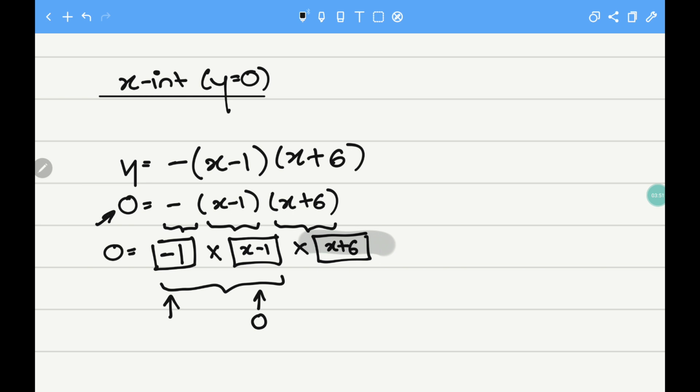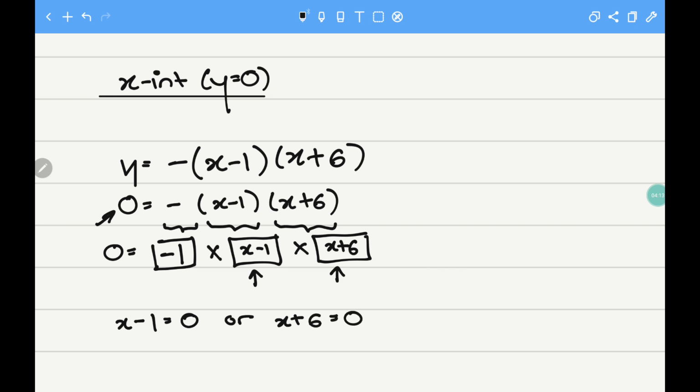Which means that since the first box is a constant, and when I multiply the three boxes and it's equal to 0, therefore either this or this must be 0. So I will write x minus 1 equals 0 or x plus 6 equals 0.